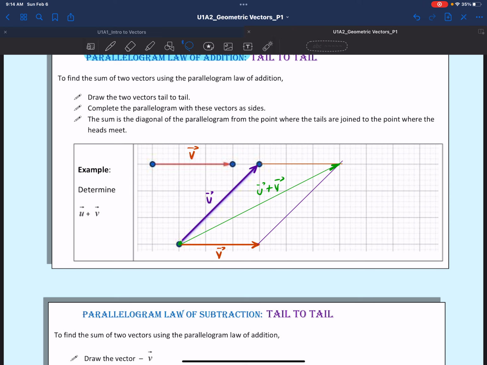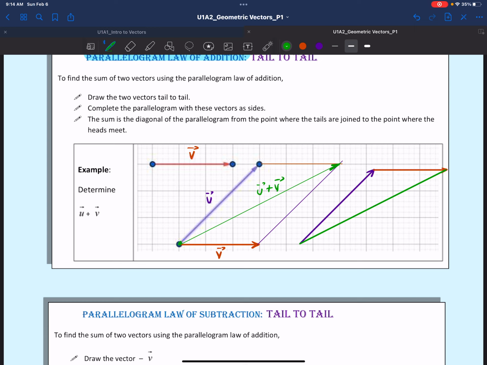And at the head of vector u, I will place the tail of vector v. And now I will connect the tail of u with the head of v.